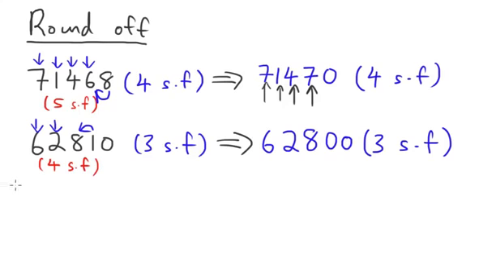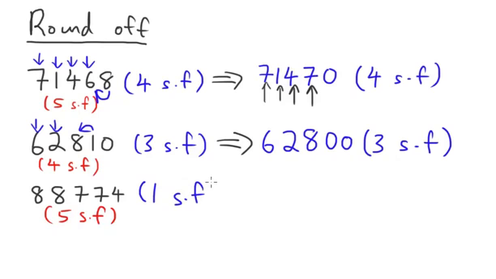How about if we have 88,774? This number has 5 significant figures at first, and we need to round it off to 1 significant figure.